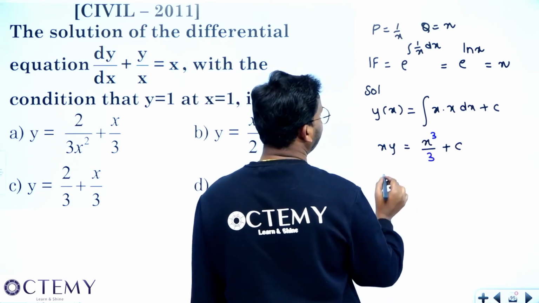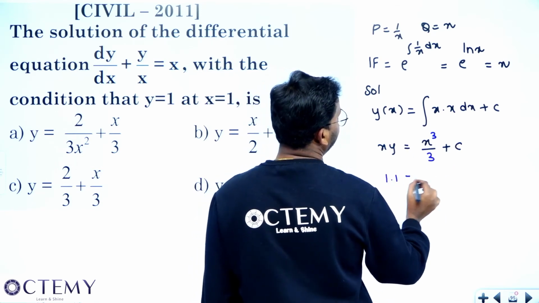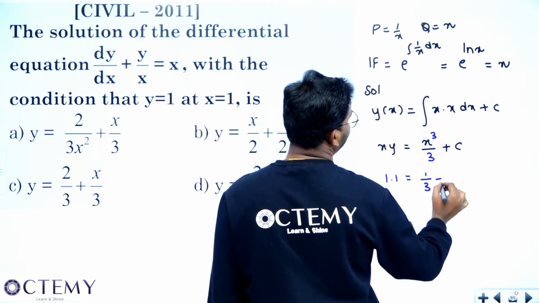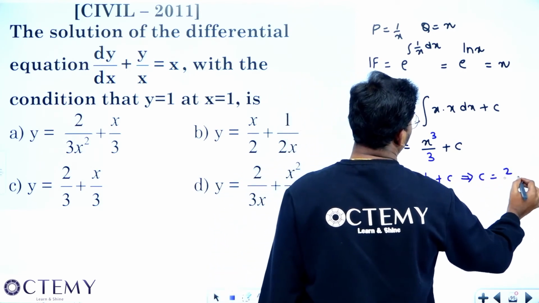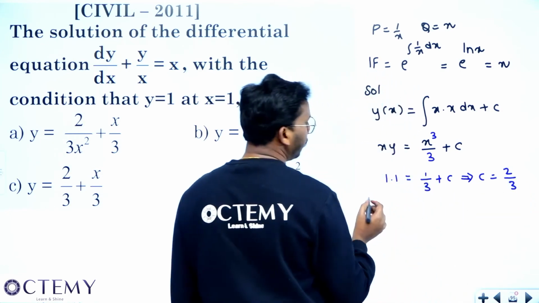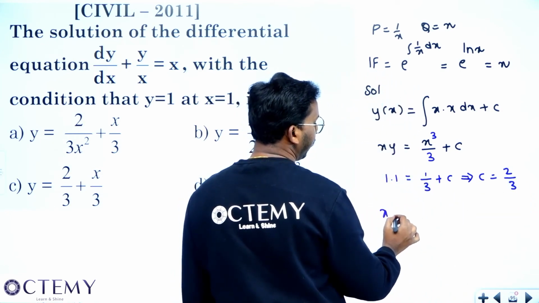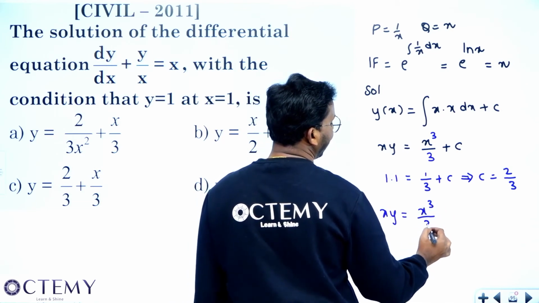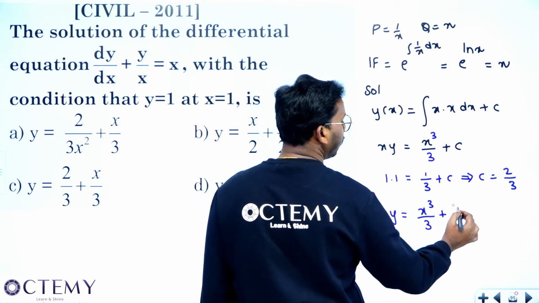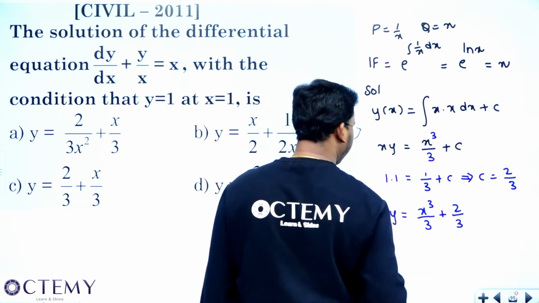Now, if you put the initial condition, 1 into 1 is equal to 1 by 3 plus c, which implies what will be c from here? That will be 2 by 3. Right? Now, see the solution, x into y is equal to x cube divided by 3 plus c, which is how much, sir? 2 by 3. Right?